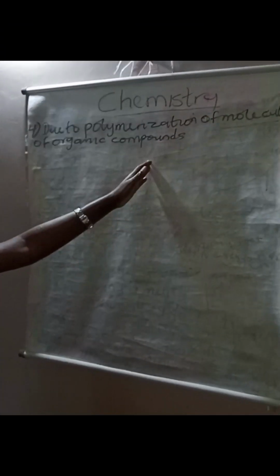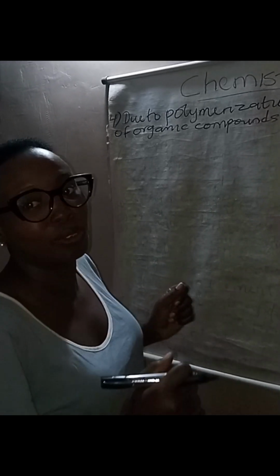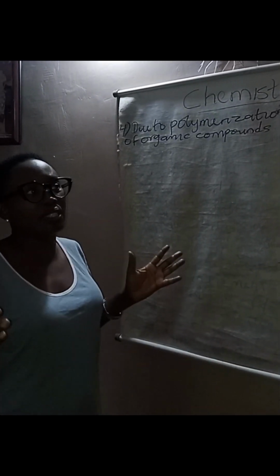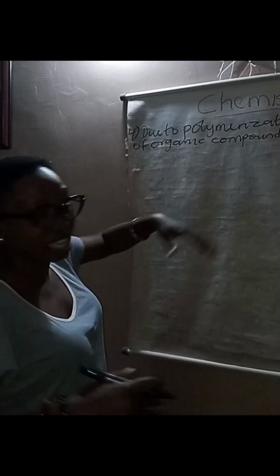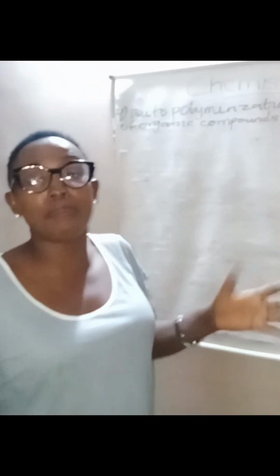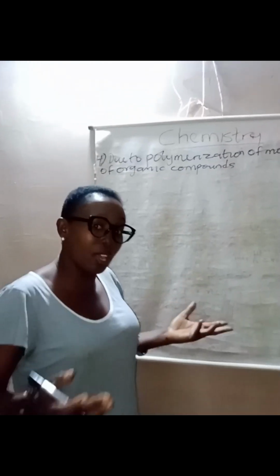Due to polymerization of molecules of organic compounds, his theory which says atoms combine in a simple whole number ratio was challenged. When he did his research, he knew that polymerization of organic compounds gives giant molecules which are different from inorganic molecules.